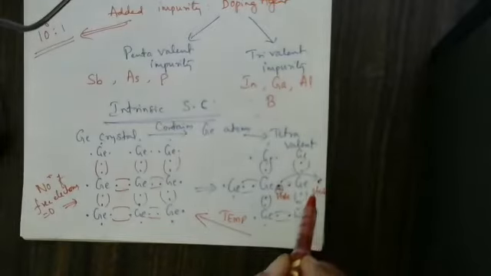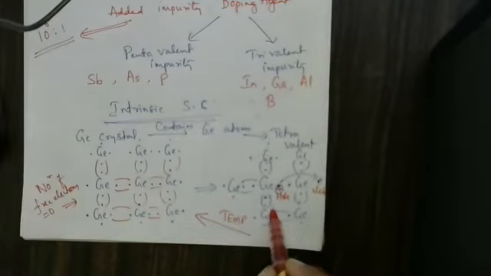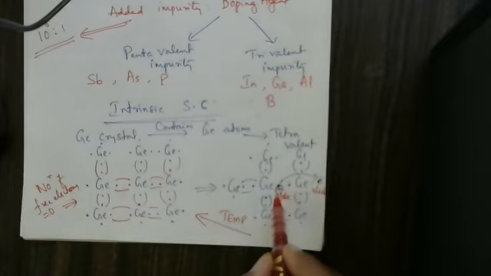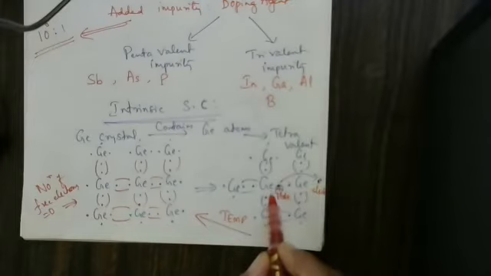Due to electrons moving, there is a current. Holes are moving, due to that also there is a current. But here, the number of electrons is equal to the number of holes. Electric current due to the electrons and electric current due to the holes are equal to each other.